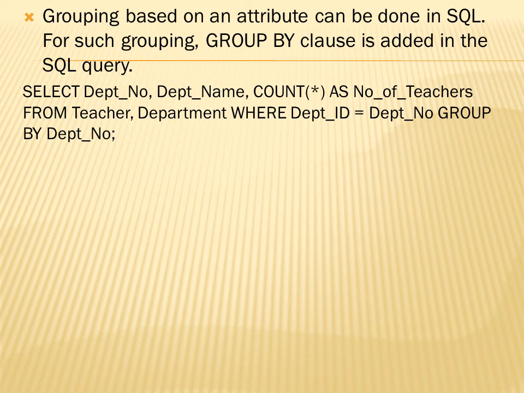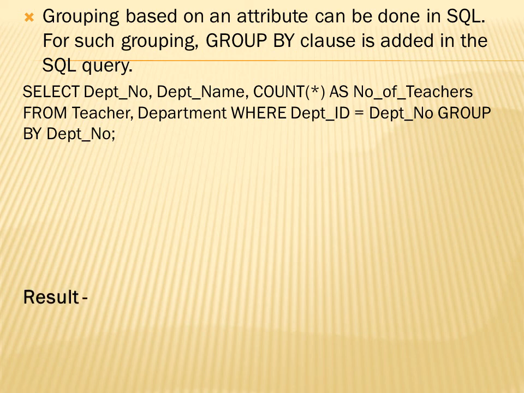So comma department where the department ID is equal to department number, and group it by the attribute department number. It is given in the question, you have to group by the department number, so you will group it on the basis of department number.